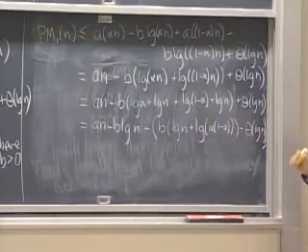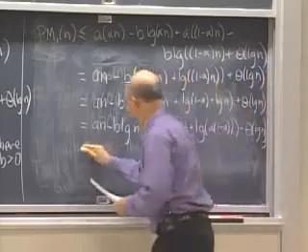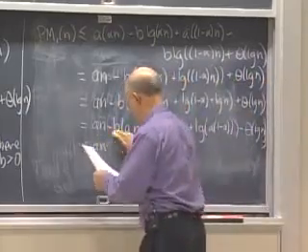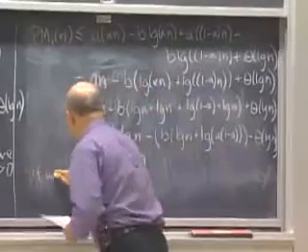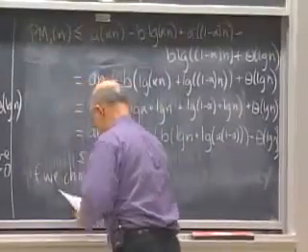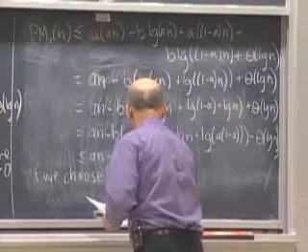And then B goes to that. Okay, good. And I claim that is less than or equal to an minus b log n if we choose B large enough.